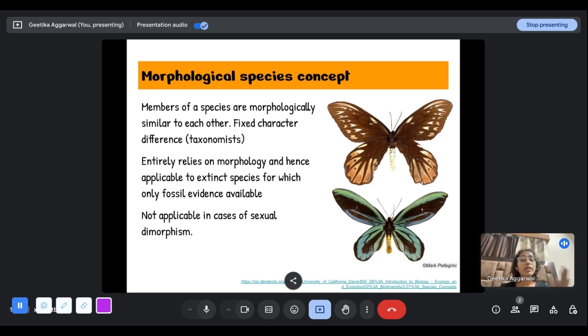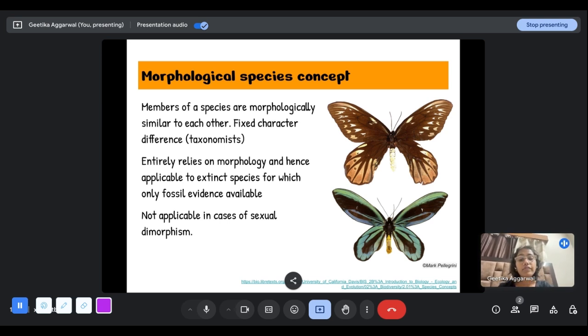At that time, when naturalists had just begun, they used to describe species based on their morphology, and members of a species should be morphologically similar to each other. The basic idea behind the morphological species concept is that members belonging to the same species should look similar. They are different from other species in certain fixed characteristics. So there is a fixed character difference, and it entirely relies on morphology. Hence, it is easier to apply it to extinct species for which we only have fossil evidence available.